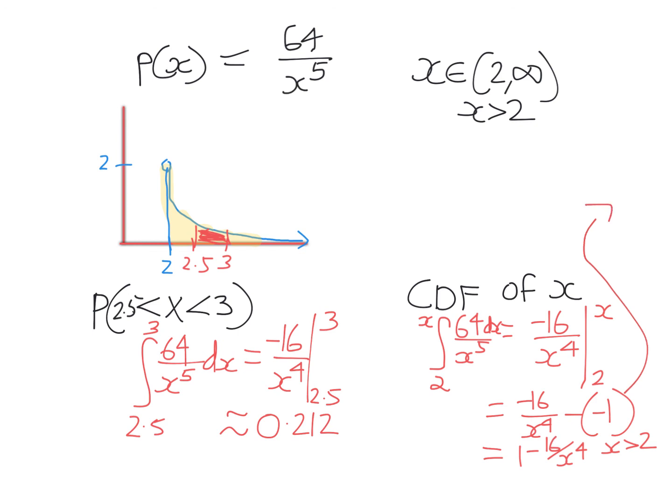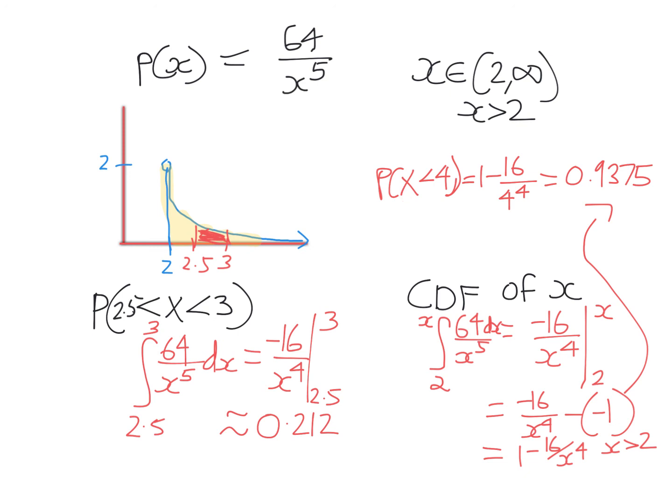And I substitute x is 4, 16 over 4. And if you put that on your calculator, you get 0.9375. What have I calculated? I've calculated the probability that x is less than 4. That's what the CDF calculates.